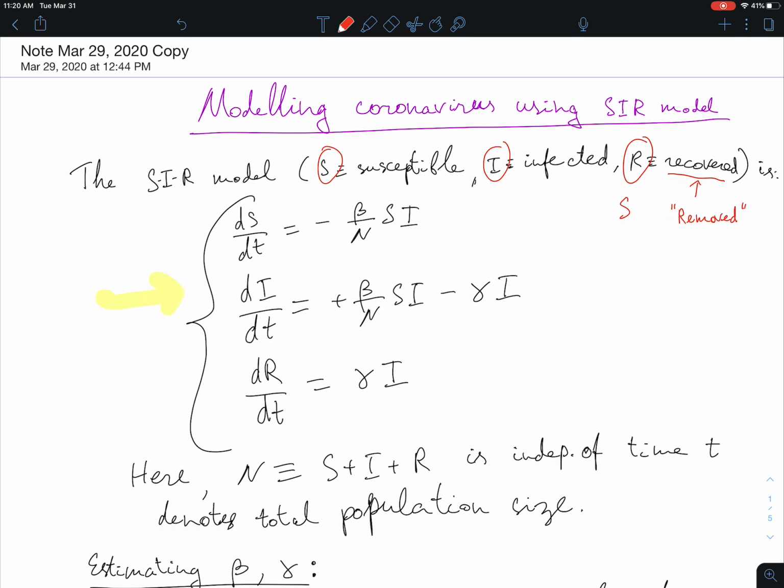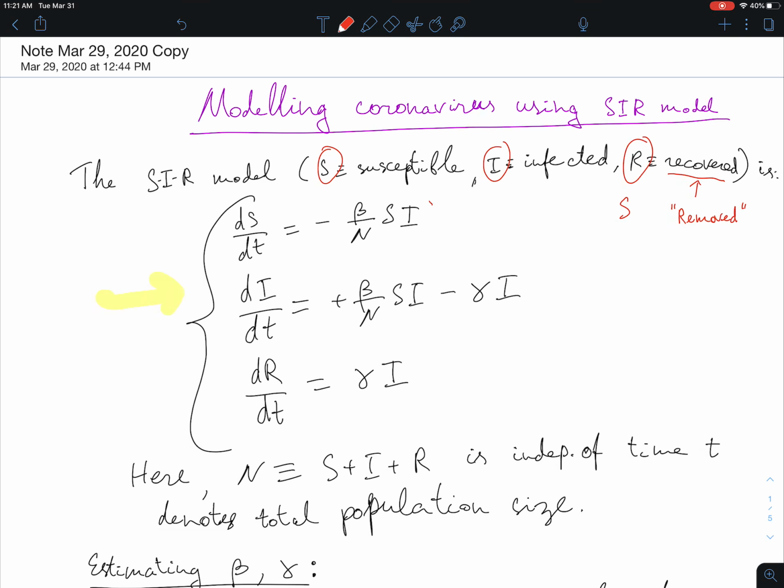So the rate of change of the susceptible: initially, when the virus is first introduced into the population, everybody is susceptible, and maybe you have like one infected, let's say, and 60 million susceptible in case of Italy. Nobody is recovered yet. The infection happens when a susceptible individual comes in contact with an infected individual, okay?